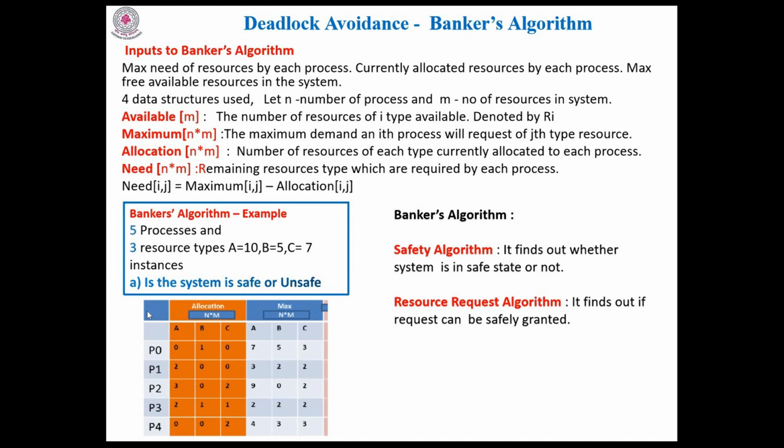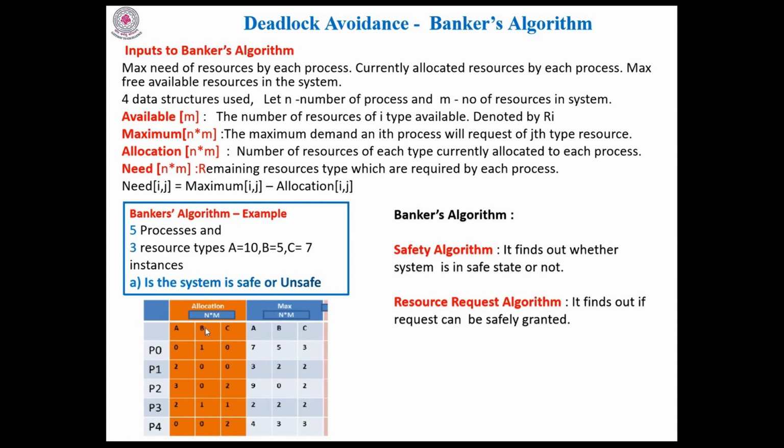As per the table representation, let us see how many processes are available: P0, P1, P2, P3, P4. And how many resources are available? 3 different resource types. Once a process requests the maximum, as per the maximum requirement, the system may allocate certain resources as per the availability of information in the system.